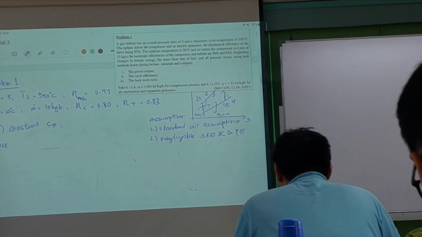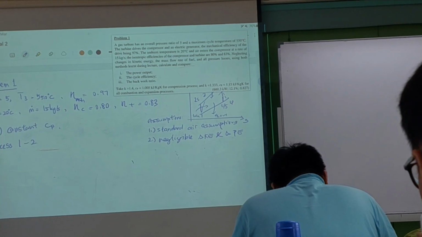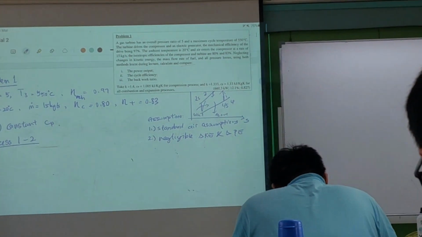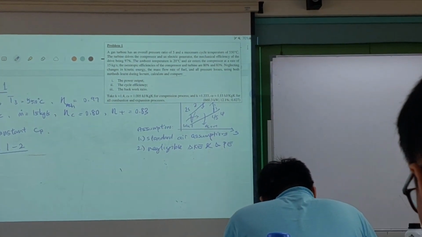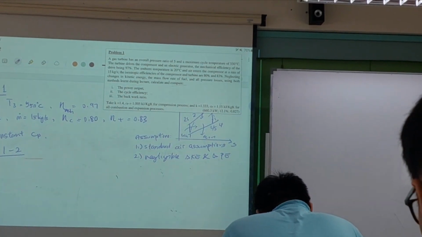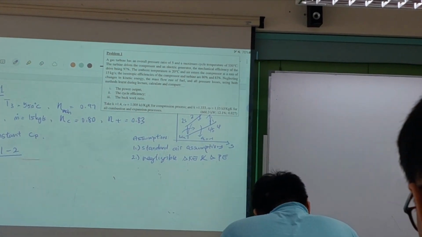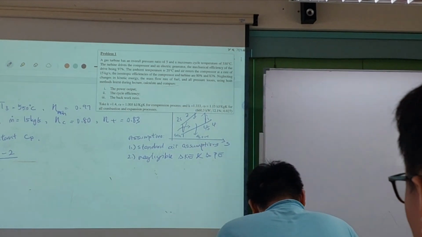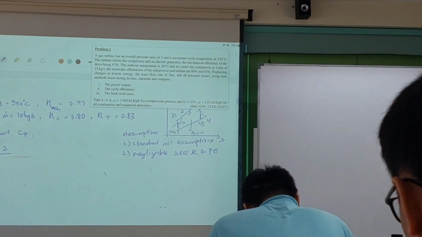Okay. So we look at process 1 to 2. For the constant specific heat method, actually for both methods, the methods are quite fixed. Since it's the constant specific heat method, you can always use this method.